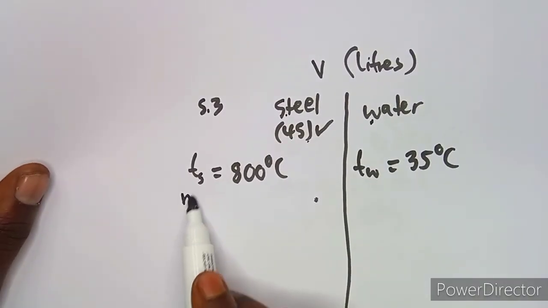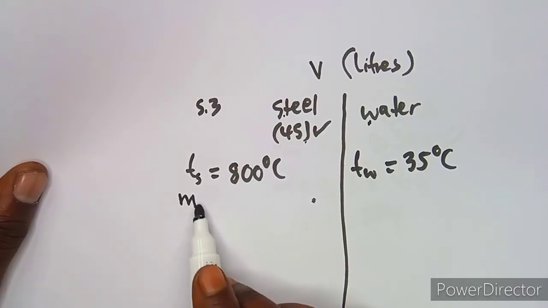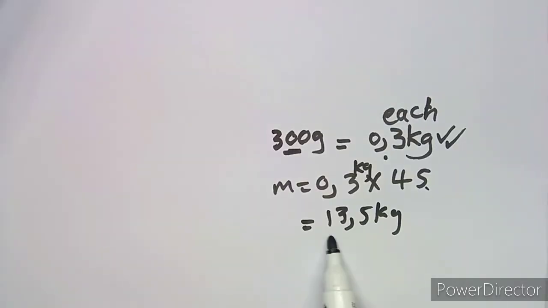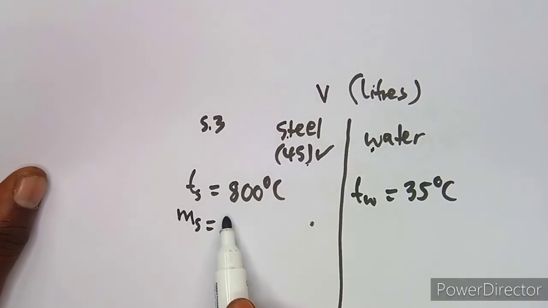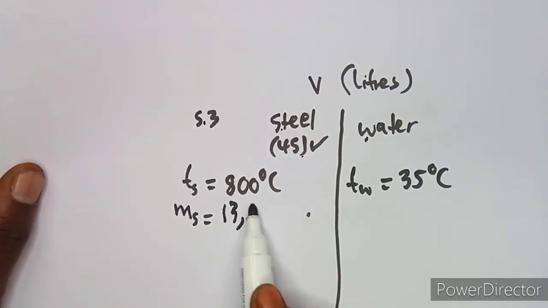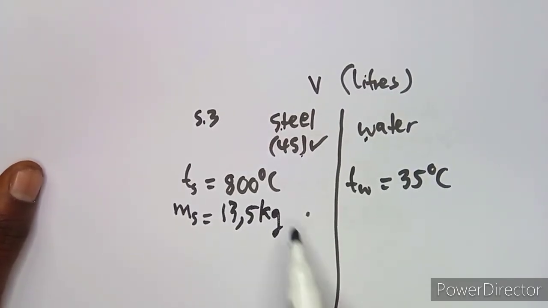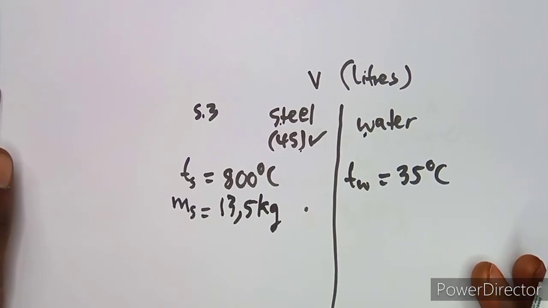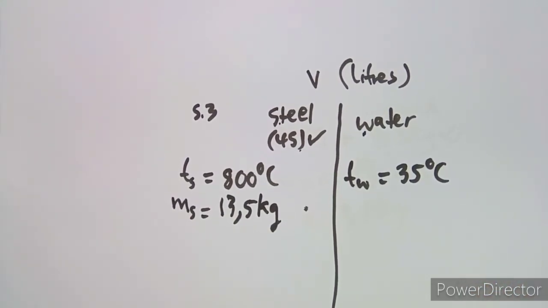So that is the mass of the steel shafts here, 13.5 kgs. You see how tricky this question was, guys. You are supposed to be very, very careful with these typical questions.